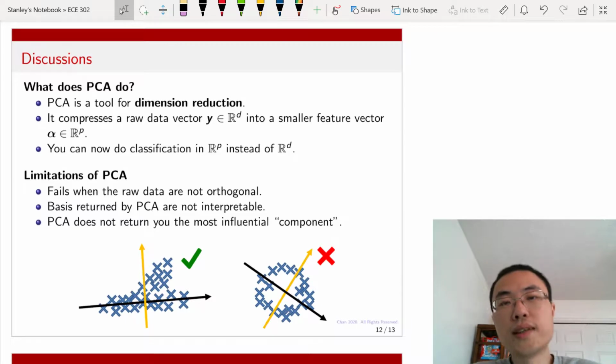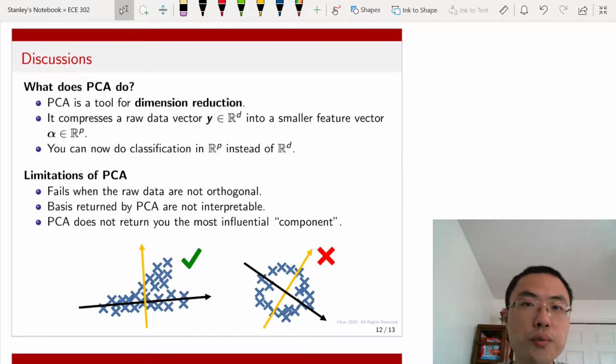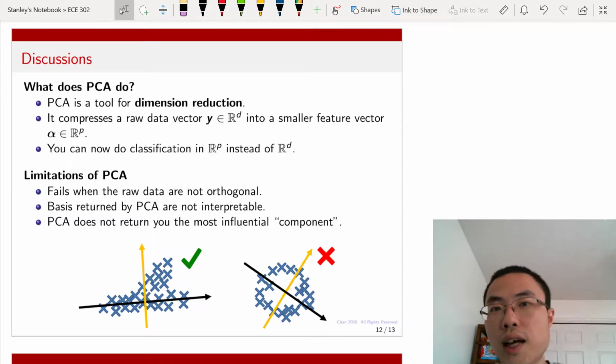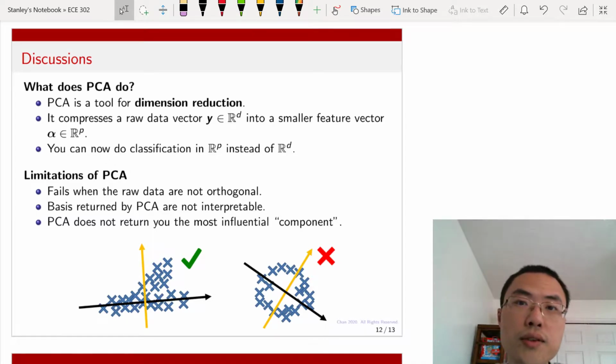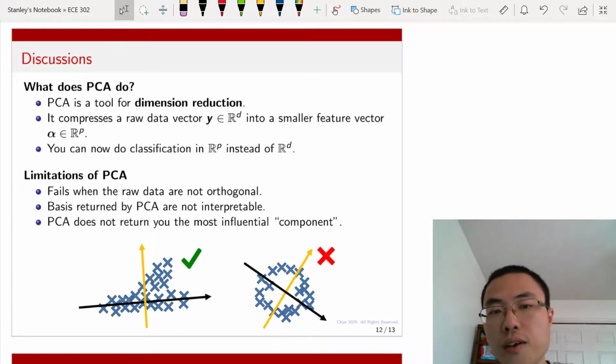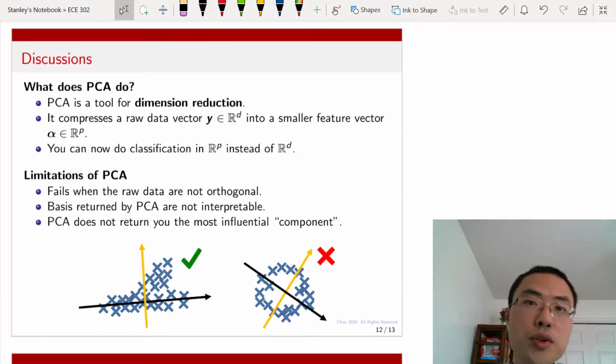So this is the basic idea of principal component analysis. There are many details that you can find in our ebook, as well as on the internet. There are many tutorials about PCA. However, I hope that you can just remember a few major ideas of principal component analysis as you navigate through this big literature.